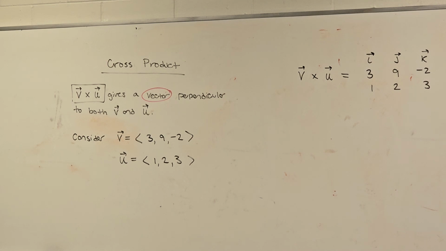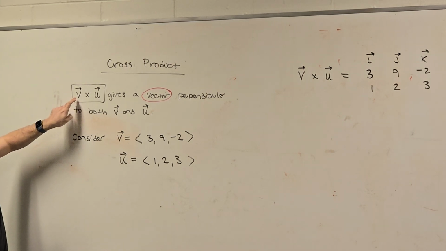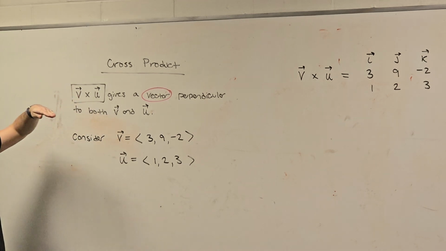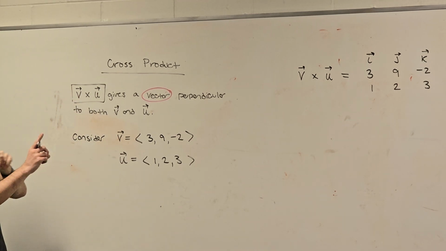Super important, the order of the rows does matter. The first row is always i, j, k. The second row is always the first vector. If we're doing v cross u, we want to put v first. Again, changing the order gives us a different answer.